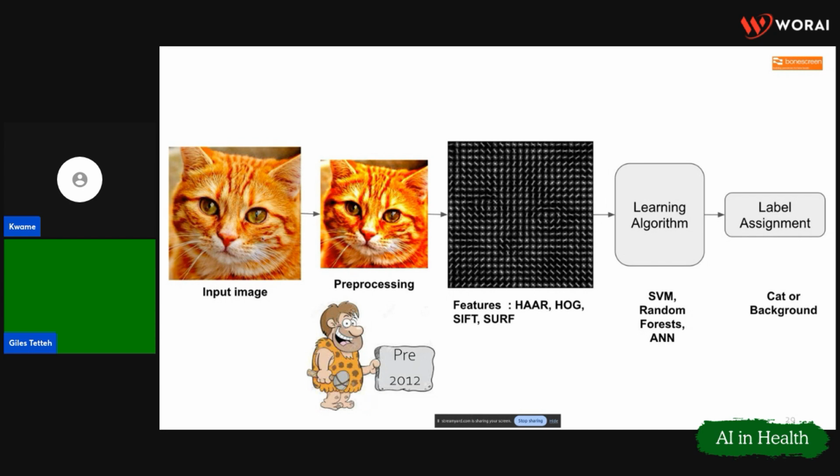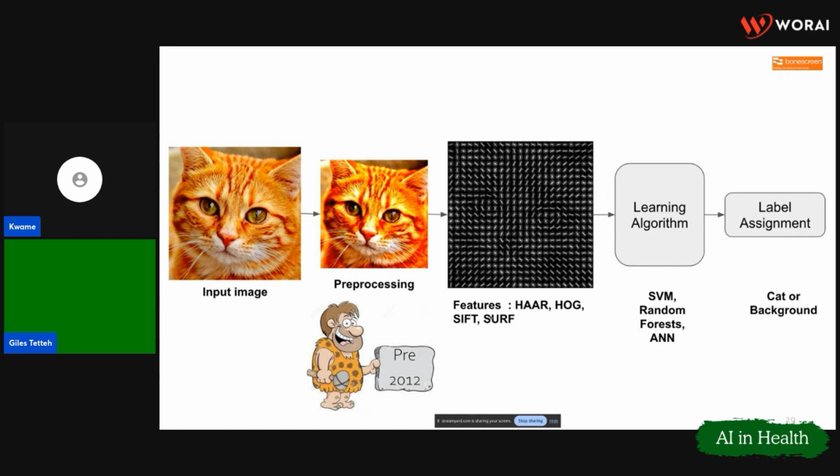So you get your input, you do what we call pre-processing, and pre-processing would then lead you to what we call feature extraction. There are different types of features we can extract from the image. We put a learning algorithm, which can be SVM, random forest, or artificial neural network, on the extracted features, and then we get our prediction.